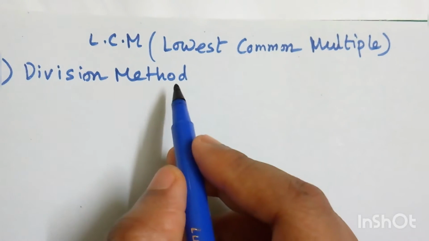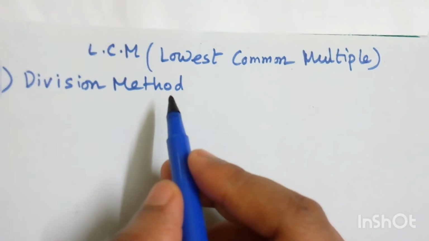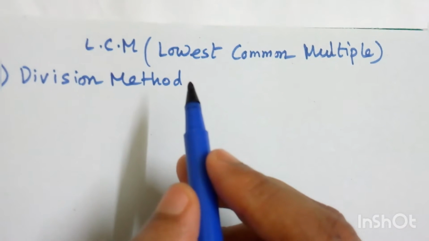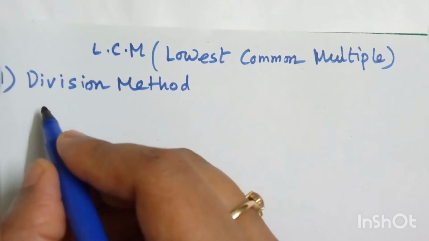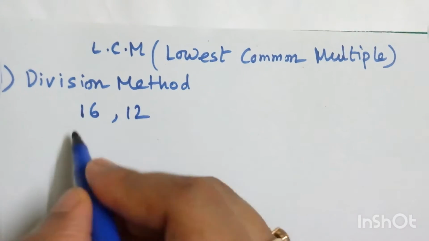First is the division method. In this method we divide all the numbers with the prime numbers until all the remainders are 1. Take an example: find the LCM of 16 and 12.